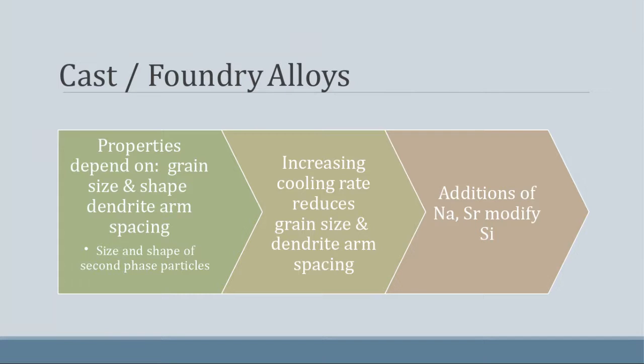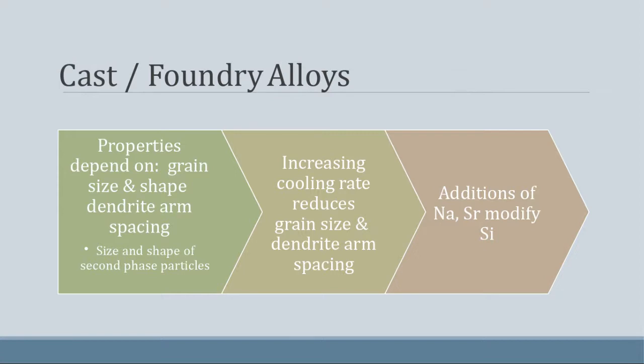So cast and foundry alloys, just like everything else, your properties are going to depend on the grain size. And for castings, it's going to be the shape or the dendrite arm spacing. Also, the size and shape of your secondary phase particles are going to have an impact on your properties as well.